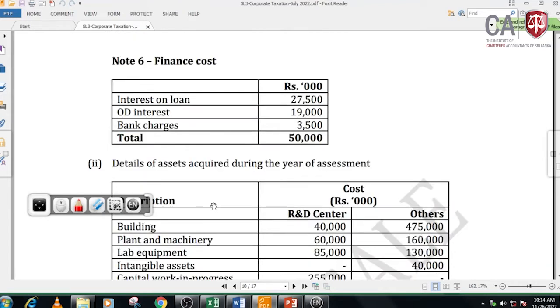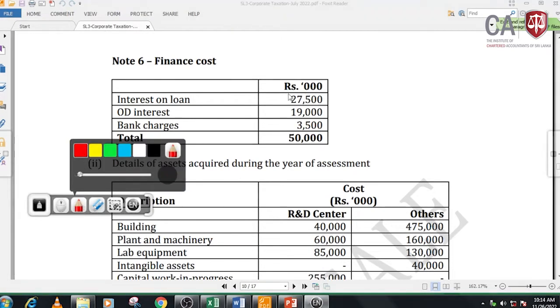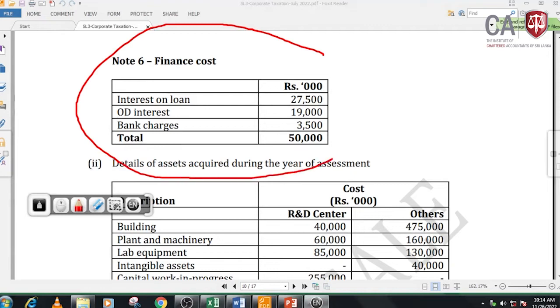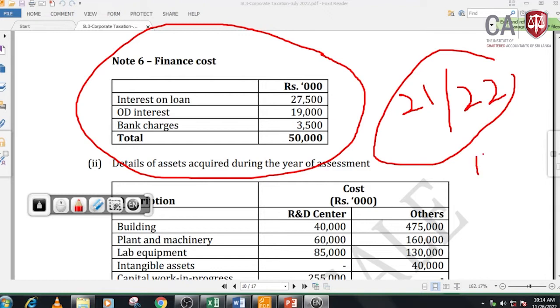Finance cost: interest on loan, OD interest, bank charges, all these, you know, for the year of assessment 21-22 only, you shall not apply the provision of section 18. Then you have to only apply the provision of section 12. Why?